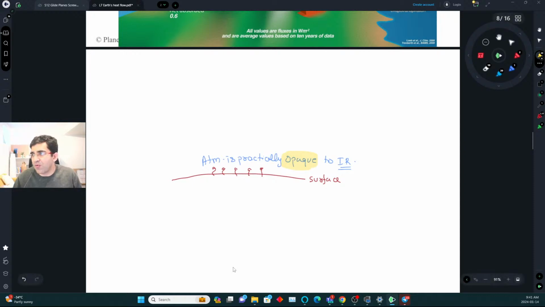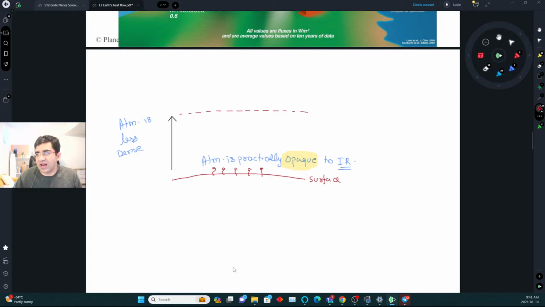But as you go up, what happens to the atmosphere? The atmosphere is less dense, and over here, at some height, the radiation can escape earth.